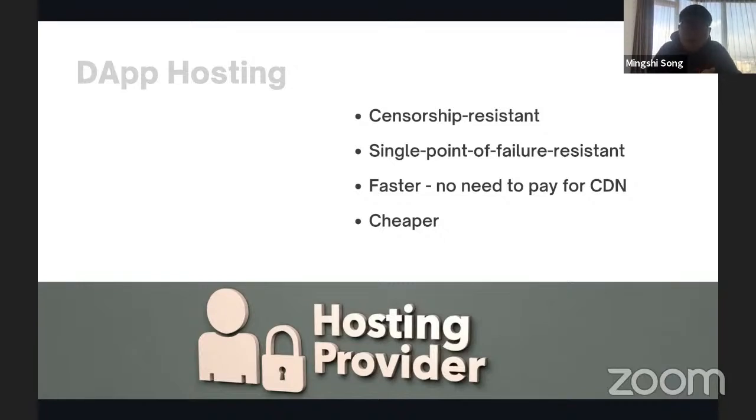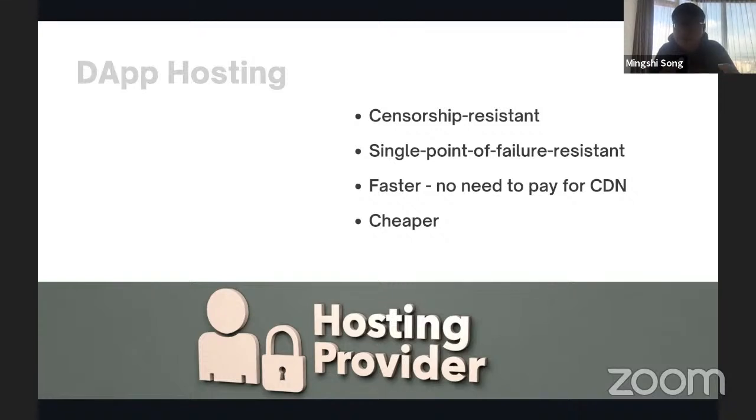And Crust network is also faster compared to some of the centralized web services because you don't have to pay for CDN. Try to imagine if your website is hosted on a cloud server located in the US. If users in China want to access your website, the data has to go through the cables buried under the ocean, and it really takes a lot of time.